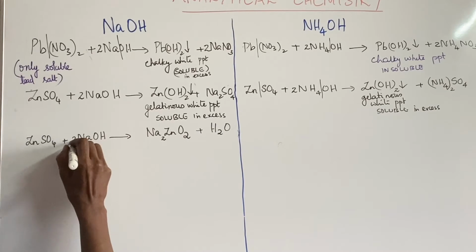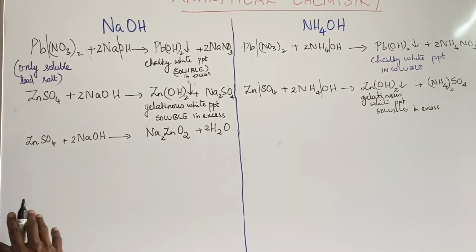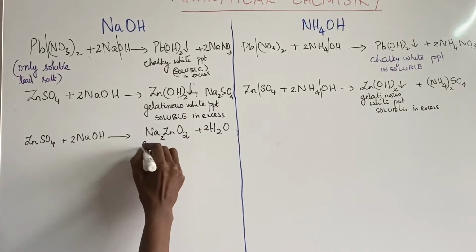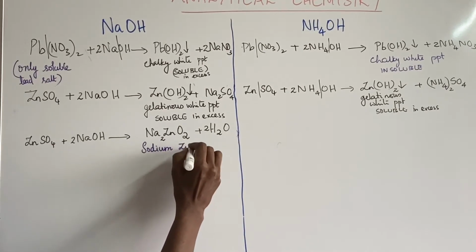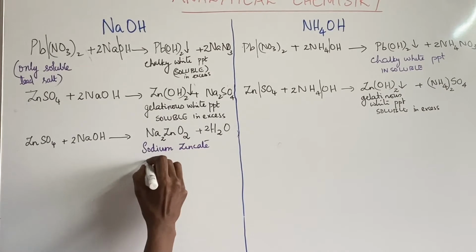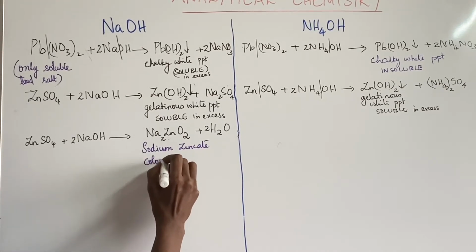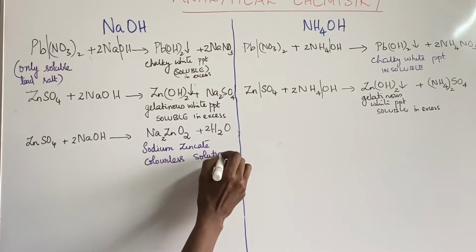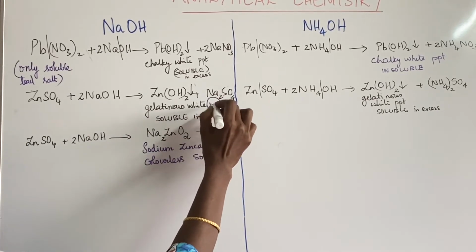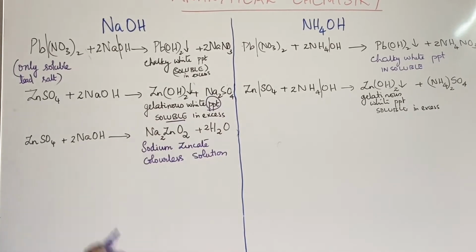Okay, 2 here and 2 here. This is a sodium zincate, which is a colorless solution. And remember, the word solution is very important because this is a precipitate that is formed and this dissolves to give you a colorless solution.